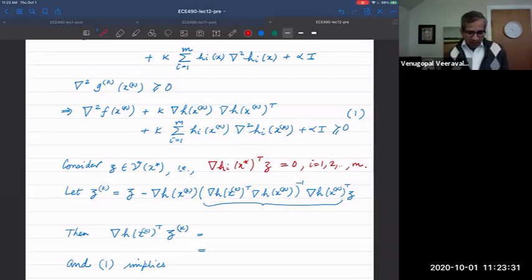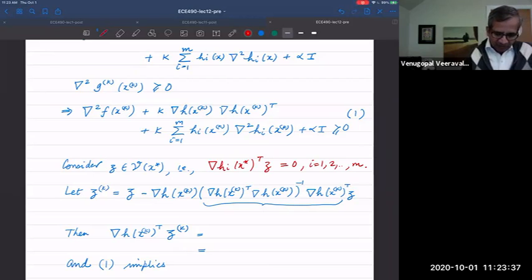So let's take a z that belongs to V of x star, that satisfies those conditions, and I'll define a z_k as follows.